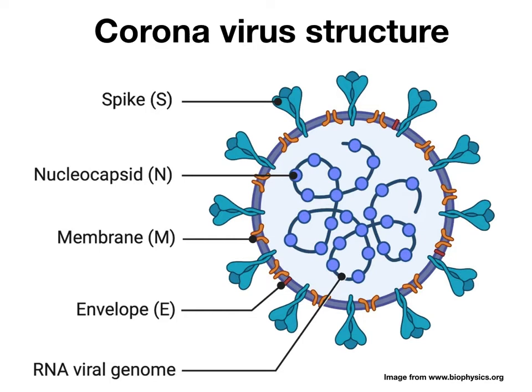It cannot reproduce by itself, so it has to rely on another organism, in this case humans. That is why mutation happens. If there is any environmental stress for this virus, it tries to mutate its own gene so that it can survive.